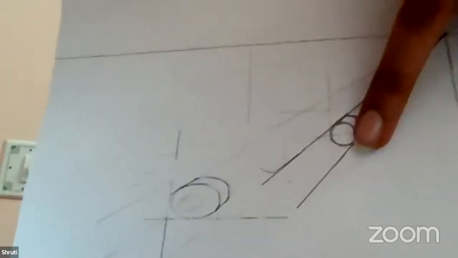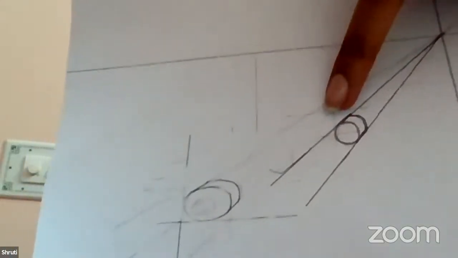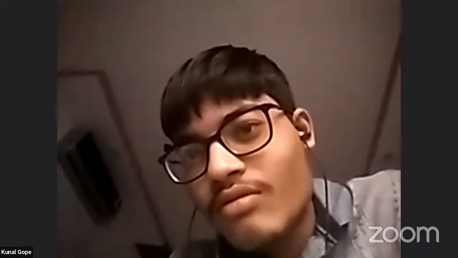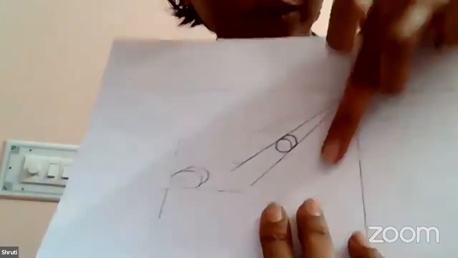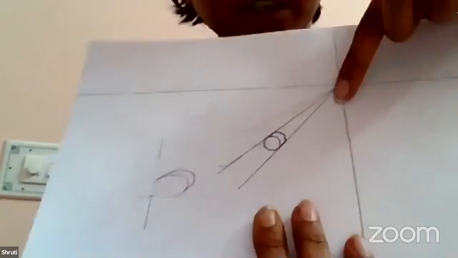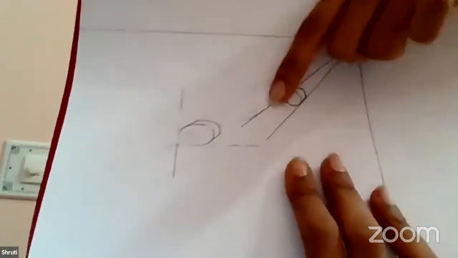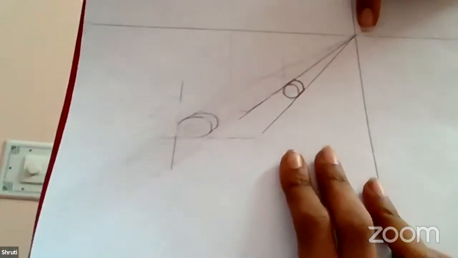That's what you were asking about, right? These lines. Yes, ma'am. So they'll come from wherever your vanishing point is. If it was in the middle, then it would have been from here, those lines. But because we're looking from here, that's why these two lines.